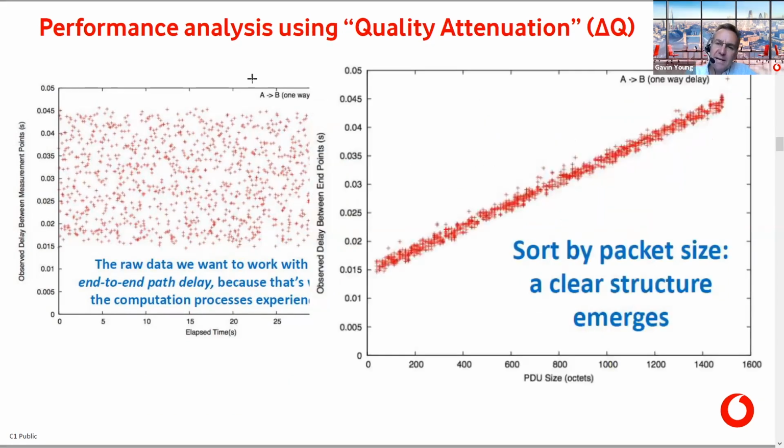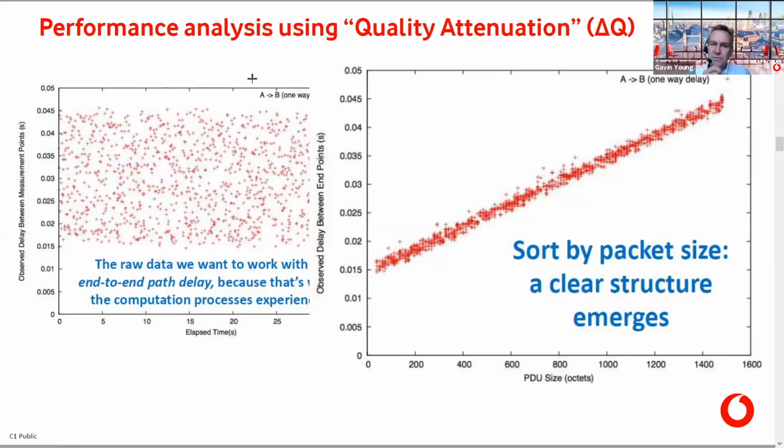But if I then sort those measurements and plot the observed delay against the packet size, that range of packet sizes, then suddenly you get a clear structure emerging. This defined line with a defined gradient and thickness, etc. And this is at the heart of the quality attenuation measurement approach.